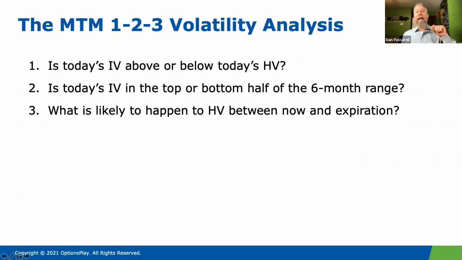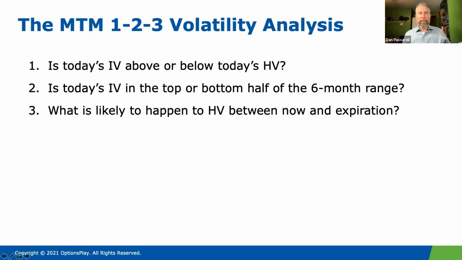If implied is higher than historical volatility, there's a chance that the options may be overpriced. We still have to hit the other 2 steps. We're not sure yet, but there's a chance.